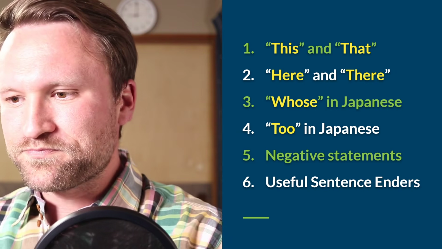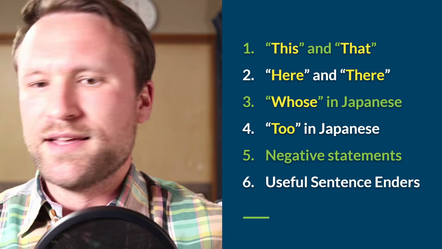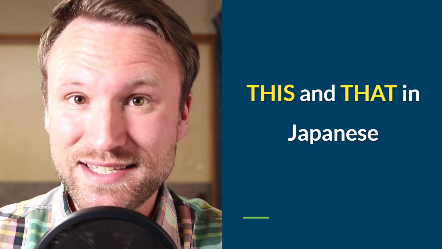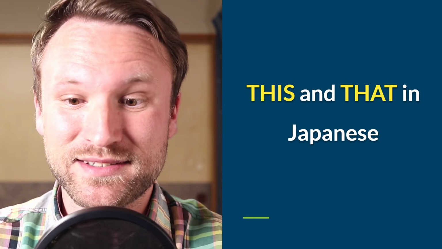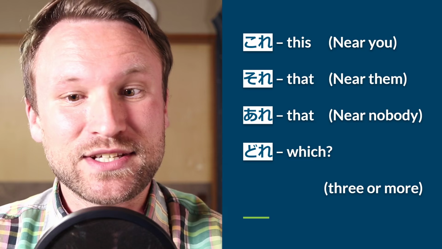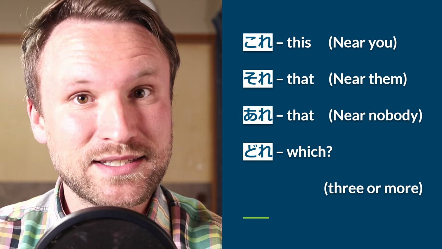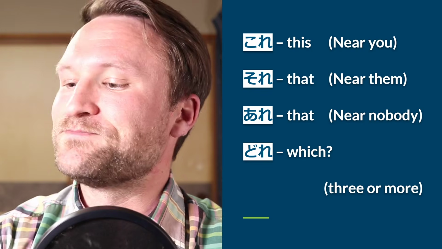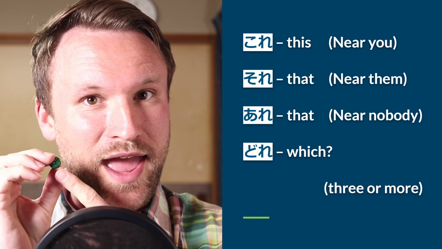All right. So, the first section of Genki 1 Lesson 2 is this and that in Japanese. It's pretty straightforward, actually. It's just kore, which means this, something near you. So if I was talking about this little green ball right here, I would say kore, this.